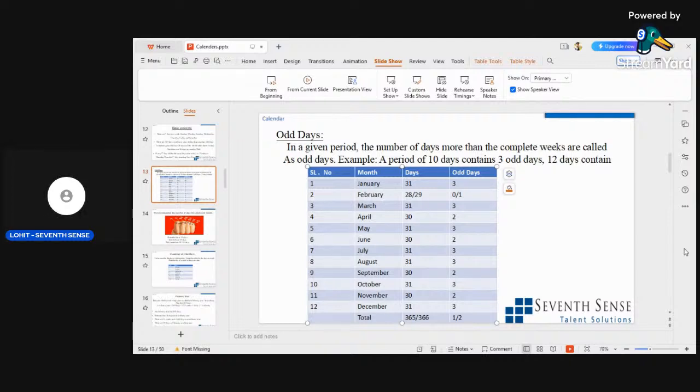Okay, the next one, 2022. 2022 is also a leap year, Yashwant. Yes.